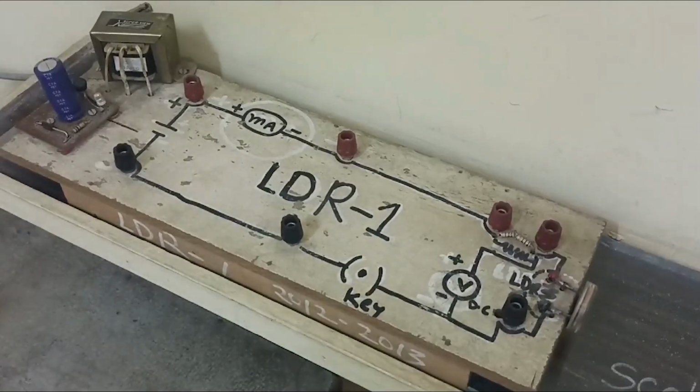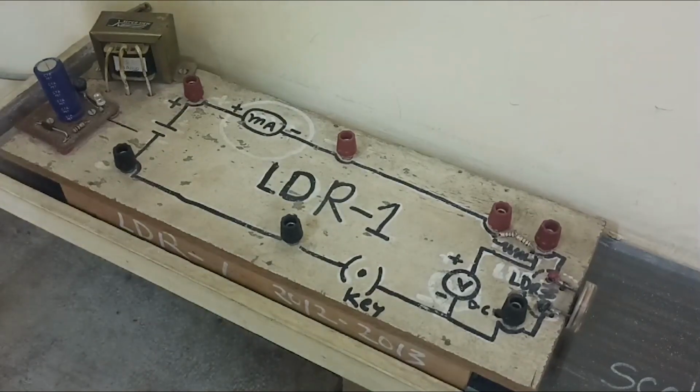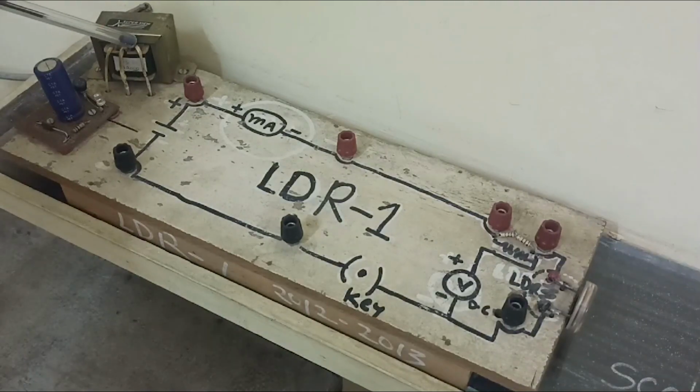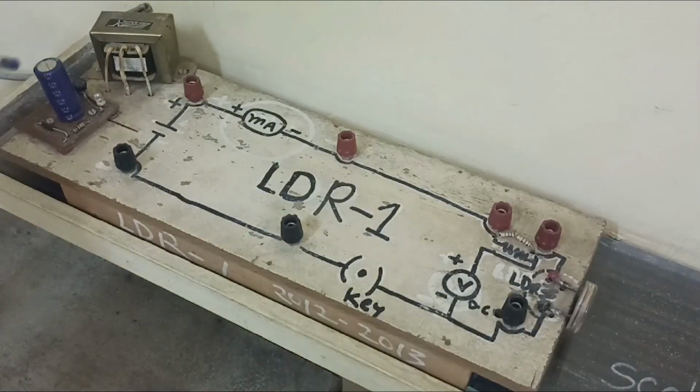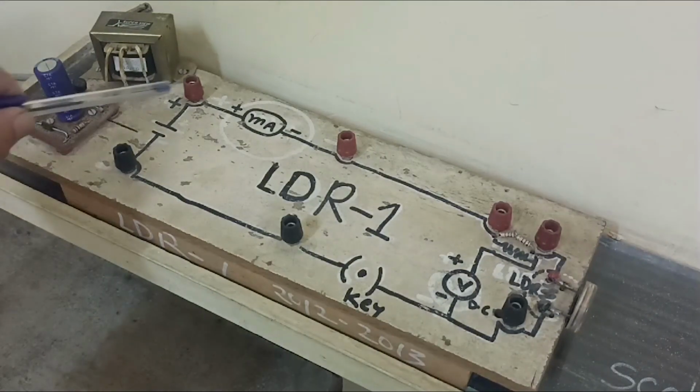Now here is the whole setup of LDR. Here the 230 volt supply is given to this transformer, primary and secondary. There are 2 or 3 volts, and we have regulated this circuit and converted it into DC. This is the Zener diode. It gives a constant 3 volt supply.